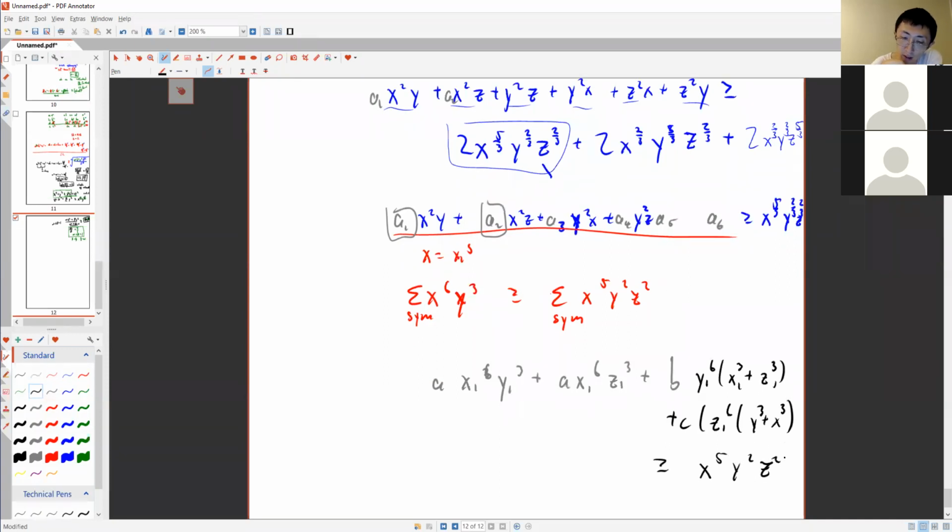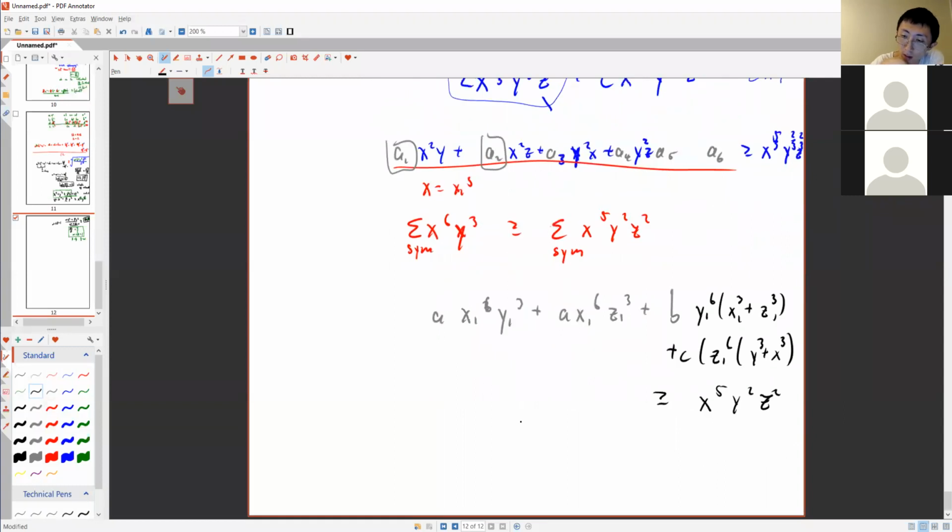So let's see. Well, we need the sum of the weights A, B, and C to be 1. We need to have more x's than y's and z's. So probably B will equal C since the number of y's and z's is the same. And then A is different, the number of x's is bigger. So should it just be 5 halves as big? Let's see.